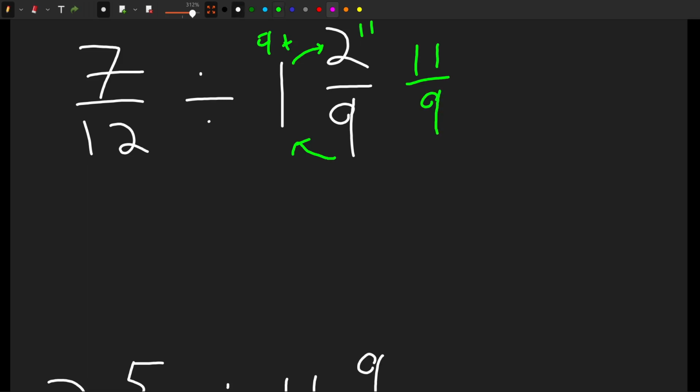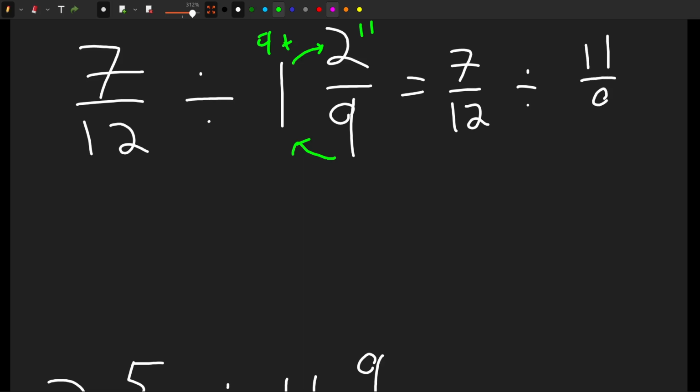Now when we take the reciprocal, we'll be left with... Actually, I'm going to erase this. It's going to get a little messy. Let's just do it like I did before. So I'll have 7 over 12. I'm going to keep the division sign for right now, and I'll have divided by 11 over 9. Now when we take the reciprocal, we have 7 over 12 times 9 over 11.